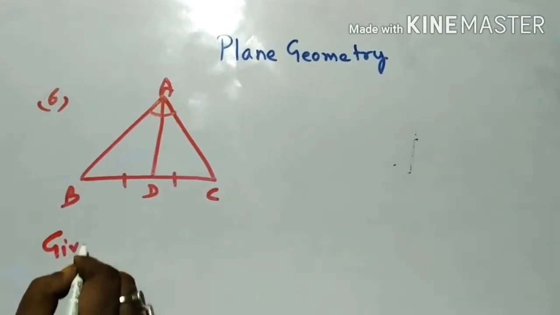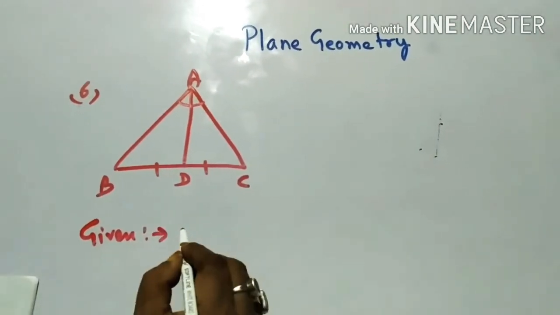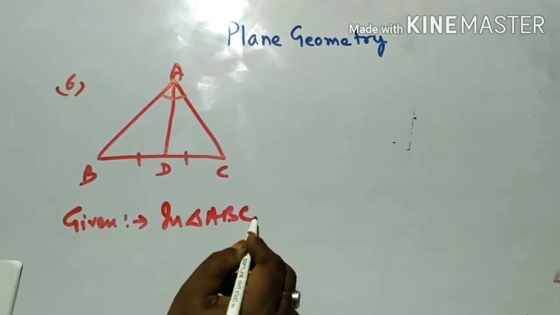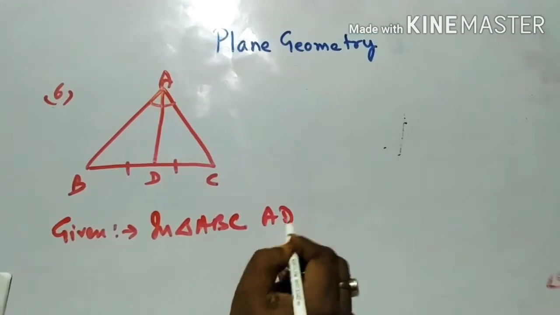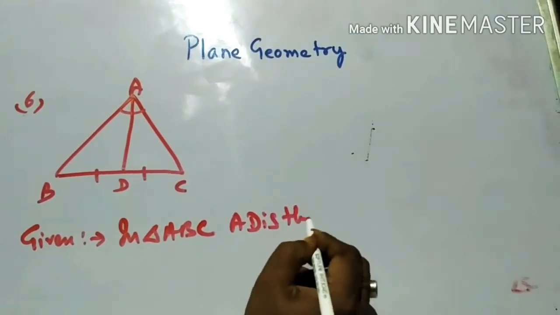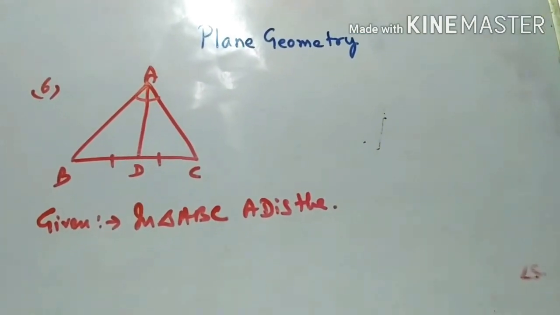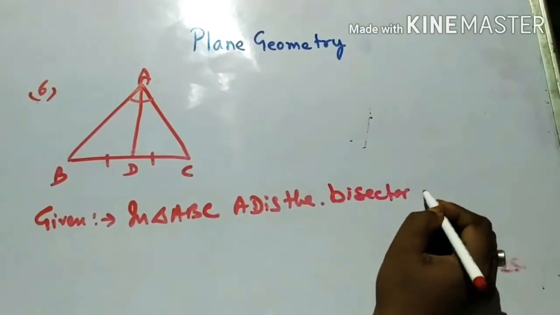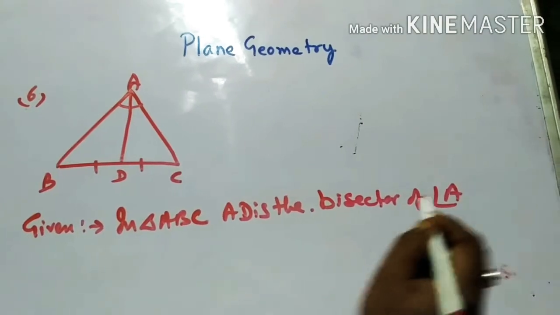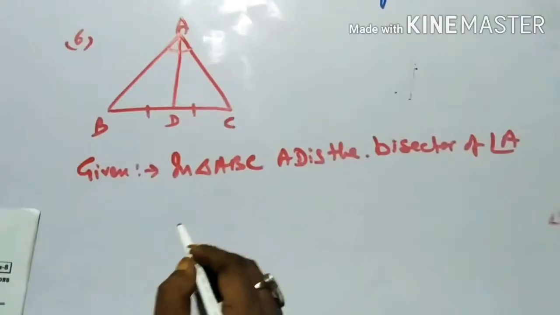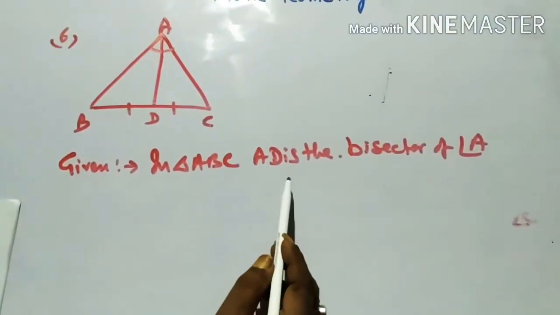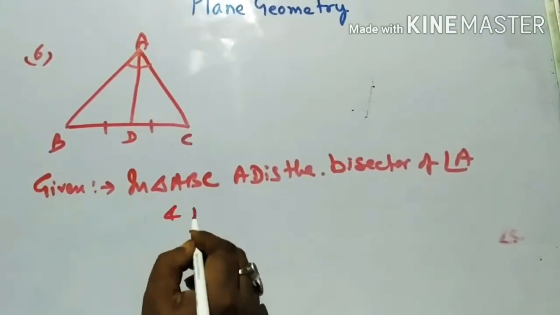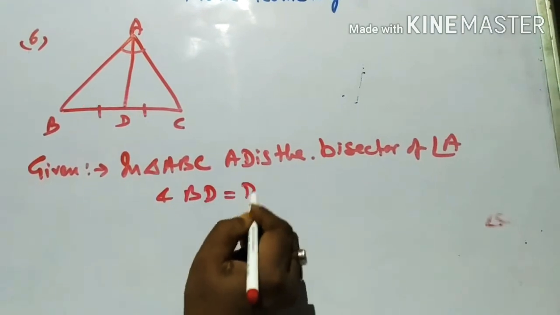Given, what is given? It is given that in triangle ABC, AD is the bisector of angle A, and BD is equal to DC.